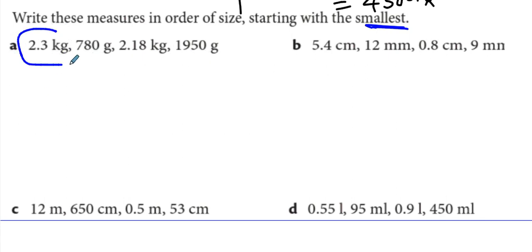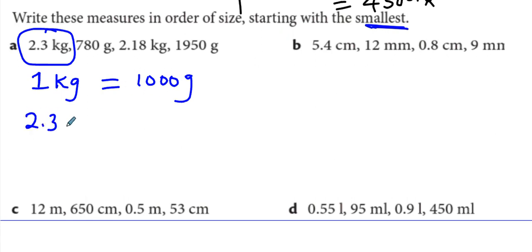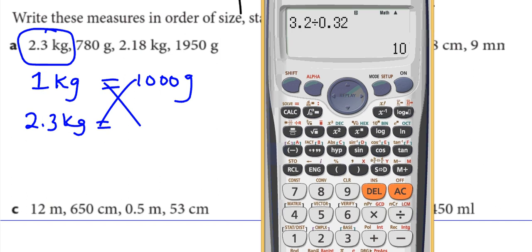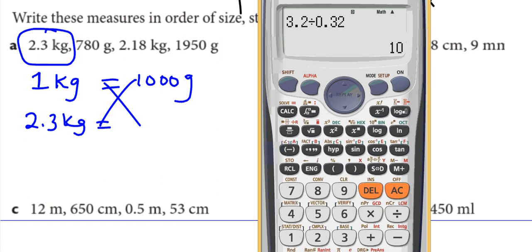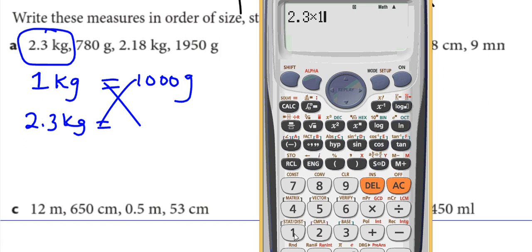So let me start with this. Before we go to that, we have to remember the conversion factor between kilogram and gram, that 1 kilogram equals 1000 gram. How about 2.3 kilogram? This will be equal to 2.3 times 1000. You know how to do that mentally, but to save time, let me use a calculator. 2.3 times 1000. See that?